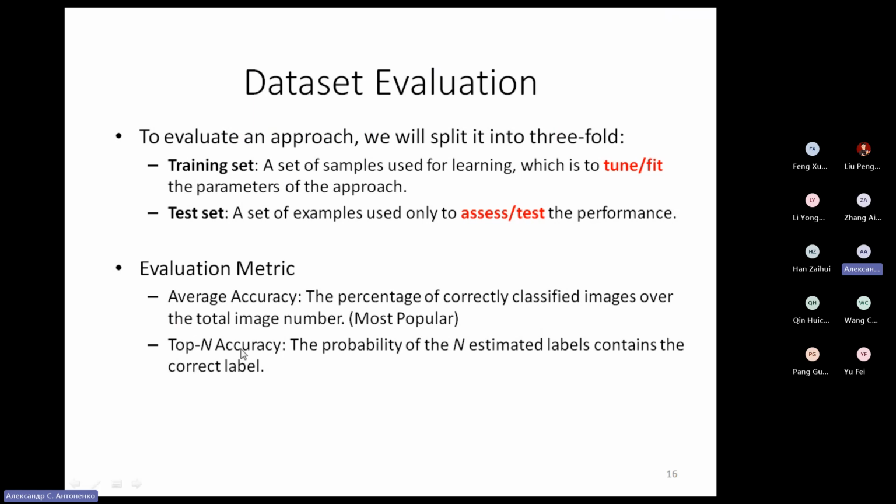So it's easier to score accuracy with top N. Then average accuracy we can consider like top 1 accuracy, so the most probable label should be correct. And here, one of the 5 most probable labels should be correct, for example. I hope that it is clear.